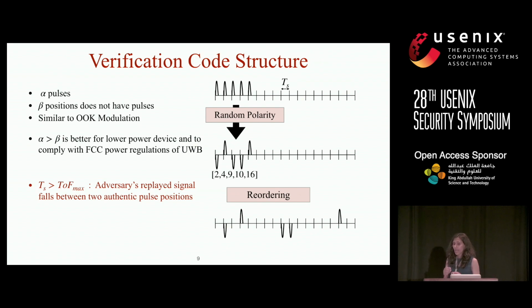So the attacker will have a hard time detecting the phase of these pulses, and even whether a pulse is present or not. For the 2 nanoseconds, the attacker has to be really in the communication range of these two devices. He has to really sit on the antenna of one of these devices to do this attack. Otherwise, he cannot detect that.